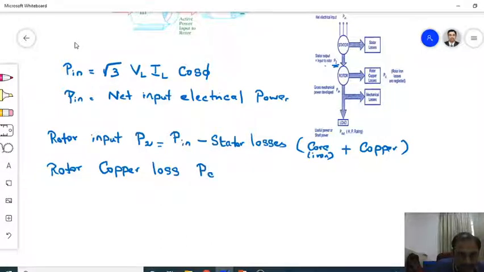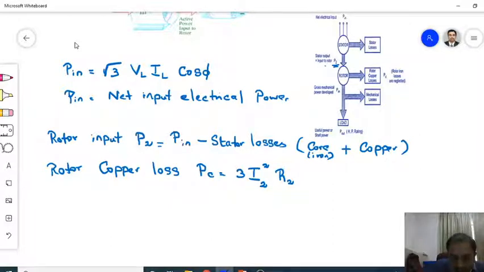And the copper loss formula, the notation is PC. PC equals 3 I2 squared R2, but this is the rotor.